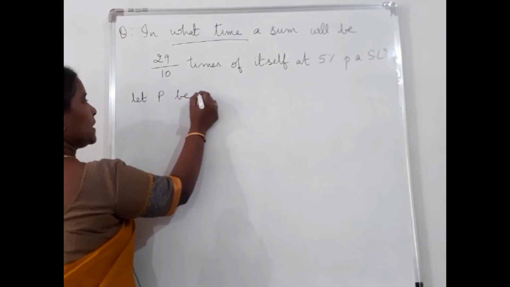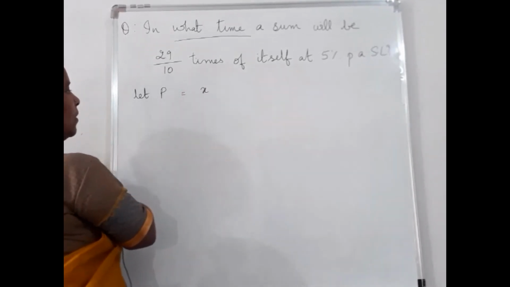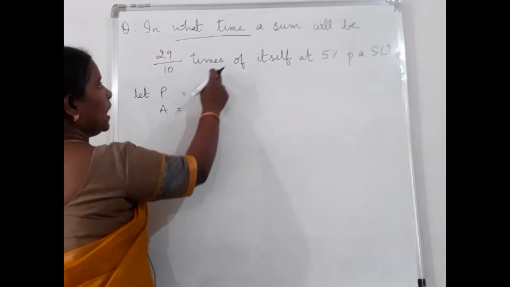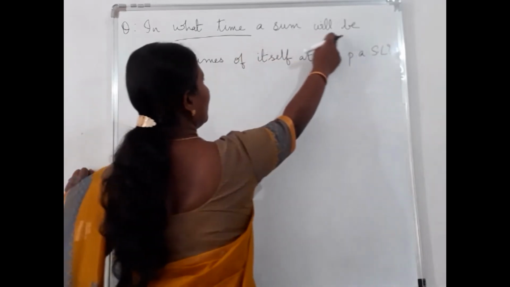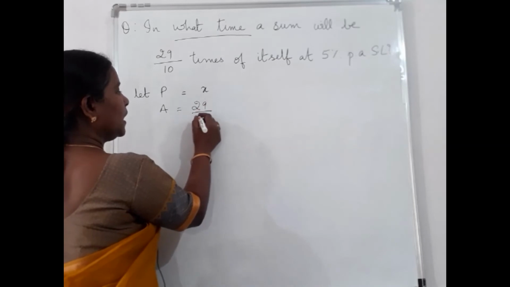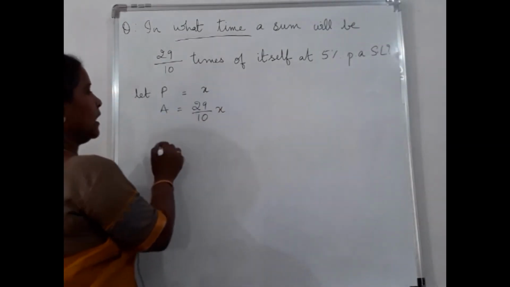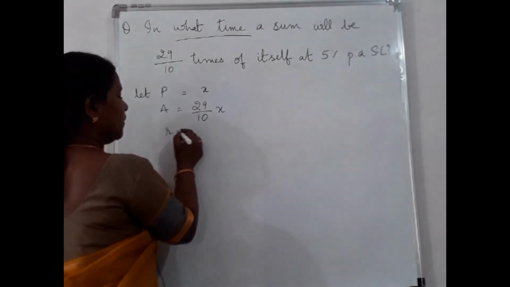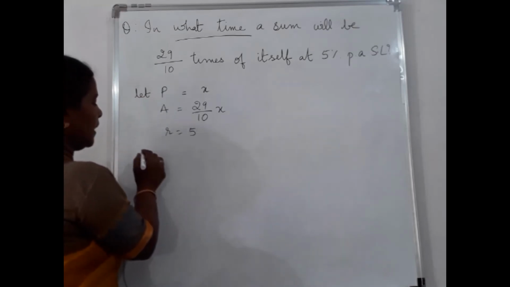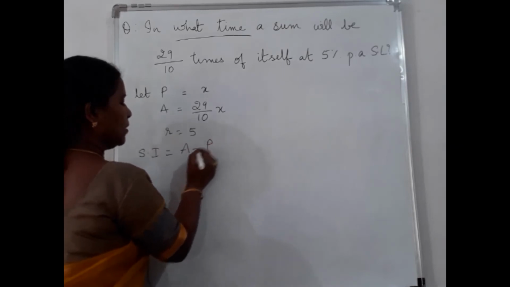I am assuming P to be x. According to the given information, the sum will be 29 by 10 times, so the amount will be 29 by 10 times the principal, and R is 5. When principal and amount are given, simple interest is equal to amount minus principal.